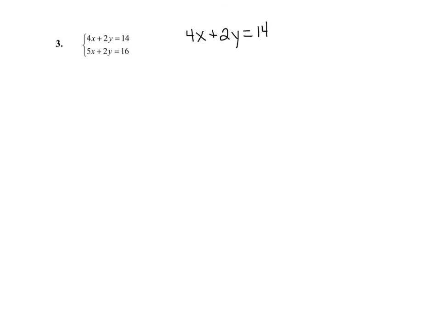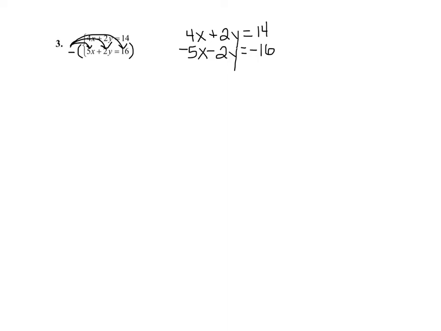And then I'm going to distribute my subtraction to each term in my second equation. So I have a negative times a positive 5x, which is negative 5x. I have a negative times a positive 2y, which is a negative 2y. And then I have a negative times a positive 16, which gives me a negative 16.